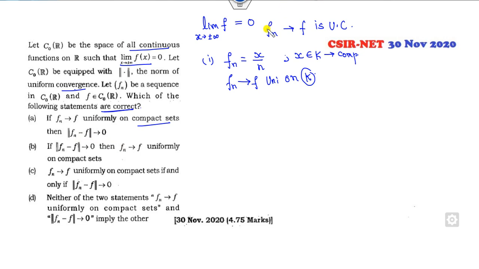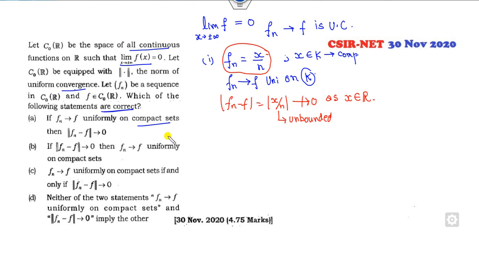Not true. Always look at the same example here. What is fn minus f? It is x over n, which is not always going to 0 as x belongs to R, because this is unbounded. Once this is unbounded, it can never go to 0. First option is cancelled out.